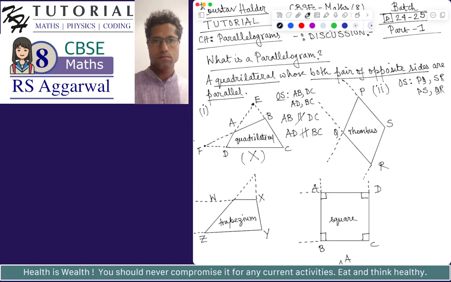Now you see visually in the diagram, it is indicated that when the sides PQ and SR are extended, they are not meeting, they are not intersecting at any point. So clearly we can see PQ is parallel to SR. Similarly, when the other two opposite sides, that is QR and PS, are extended, they are also not meeting at any point.